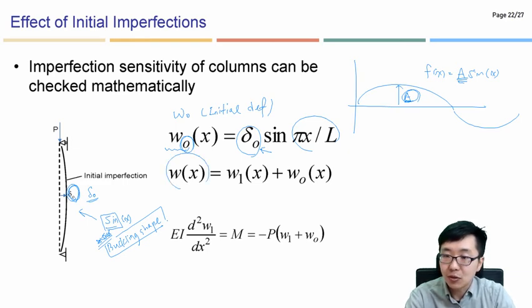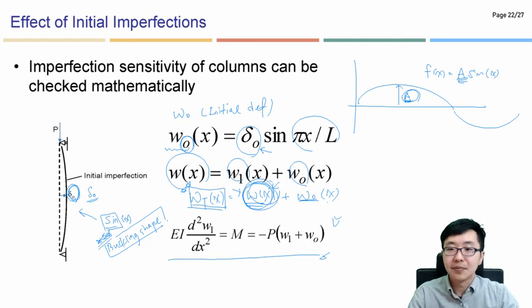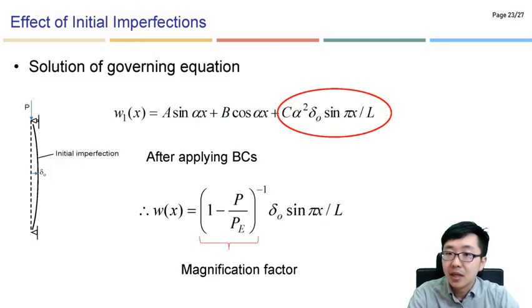So the total deflection will be W(x) plus W naught, where W naught is the initial deflection, and due to the compression, W(x) will be developed. So the final deflection can be obtained like that. Now you can understand what I'm talking about. The other procedure is exactly the same.